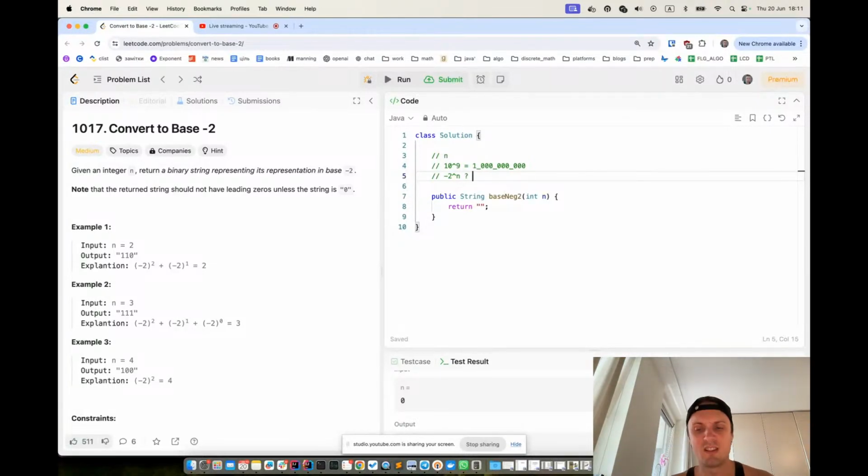So we can take a square root of 10 to the 9th power, and it would be our starting position.